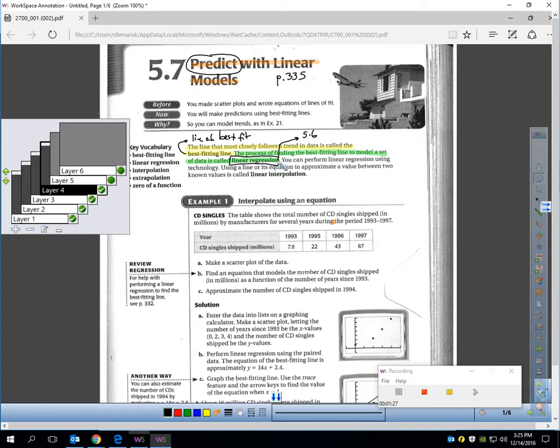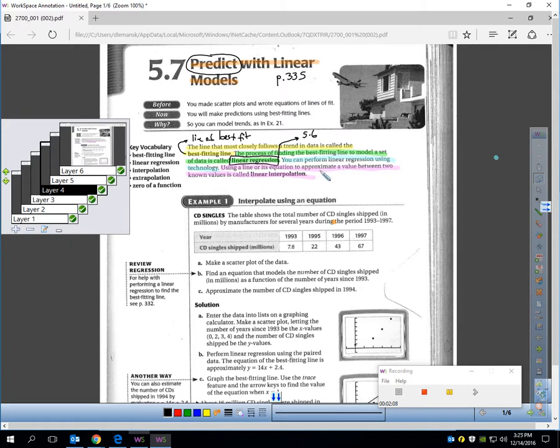That process is called linear regression. You can perform linear regression using technology. So what I have highlighted in blue is saying we can actually do that process on our calculator. I had you do it by hand in the bookwork in the last lesson. I'm going to show you how you can use your calculator to do the same process today.